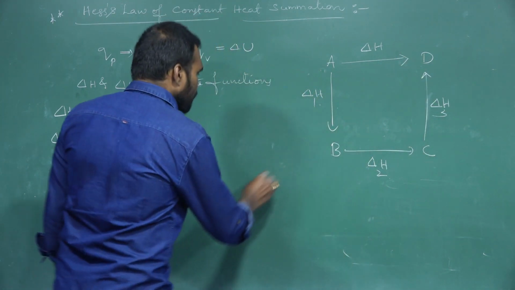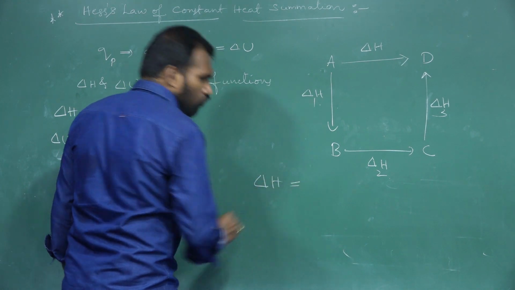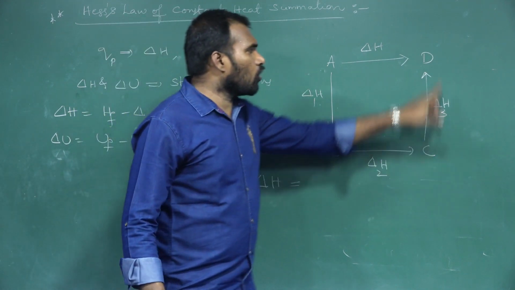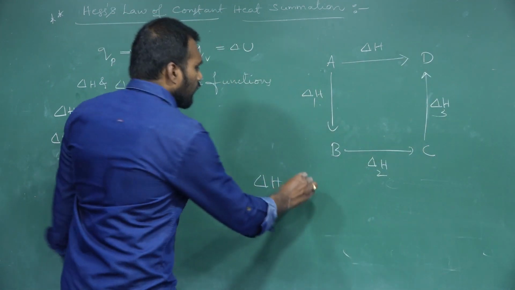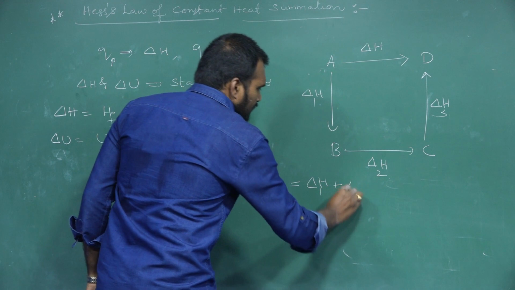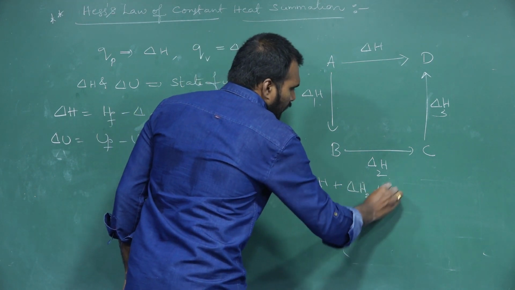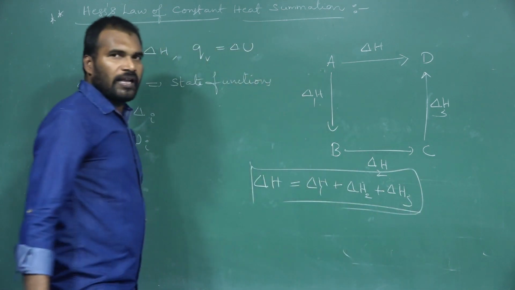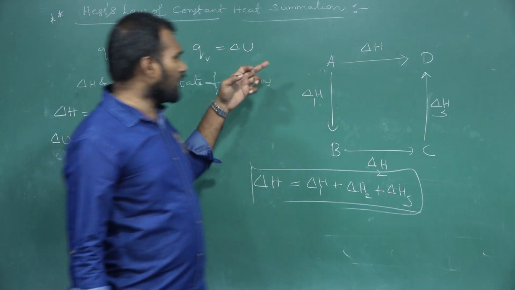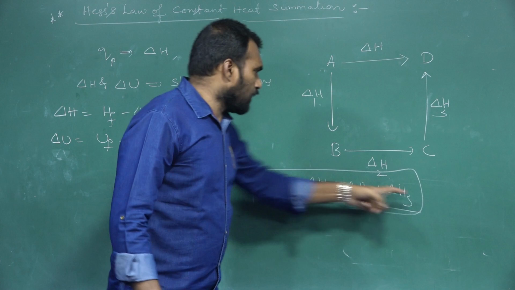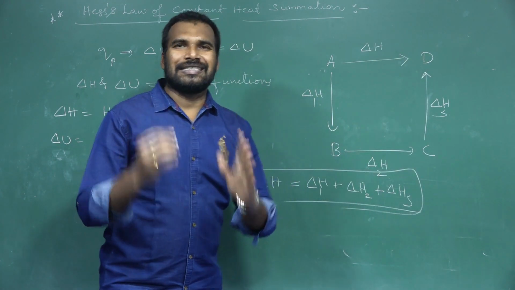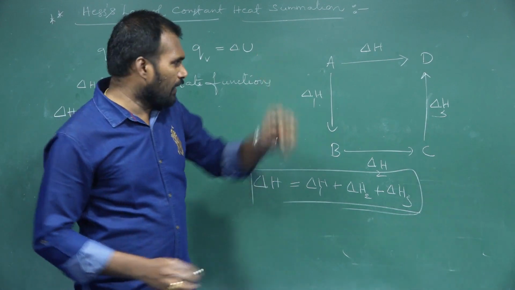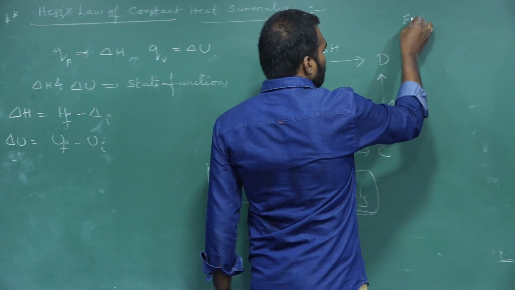So del H, the total heat content of the reaction, is equal to the sum of all these heat contents, that is del H1 plus del H2 plus del H3. This is according to Hess's law. Whether a reaction takes place in a single step or in multiple steps, the total heat content of the system remains the same.